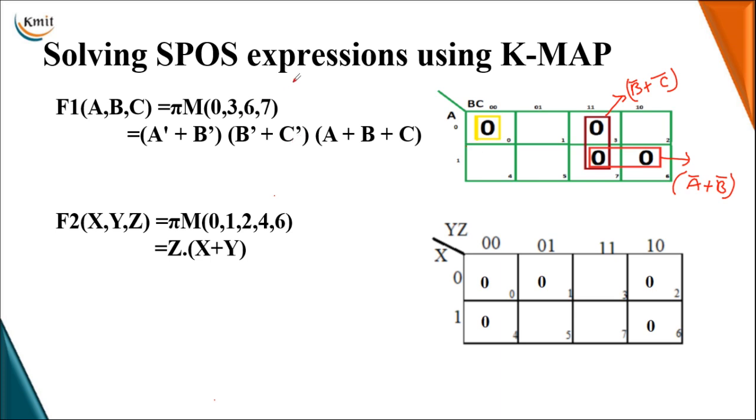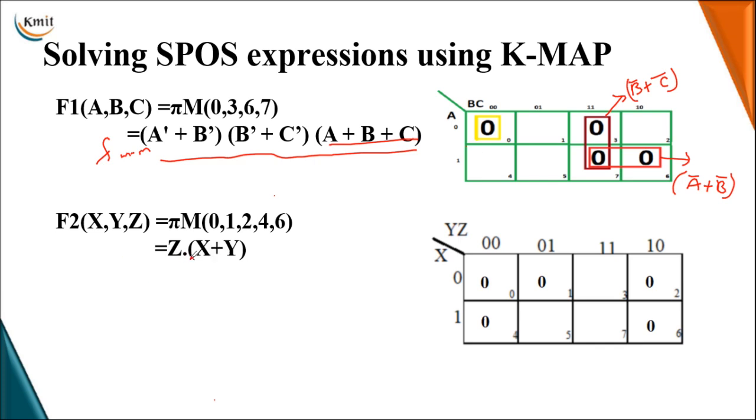But in my function that was not there, so this must be a single cell. So it must be written as A or B or C. So this is your actual final expression. Now all these sum terms are multiplied, then you obtain the minimal expression of your given function.